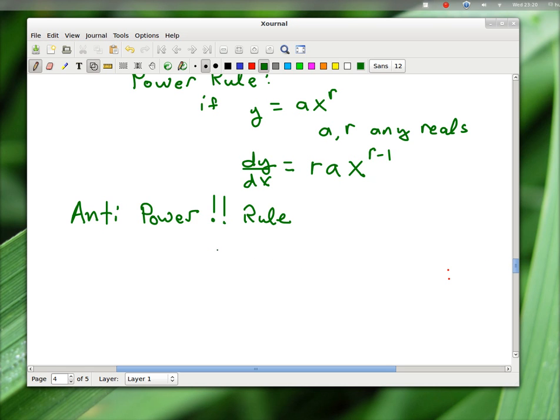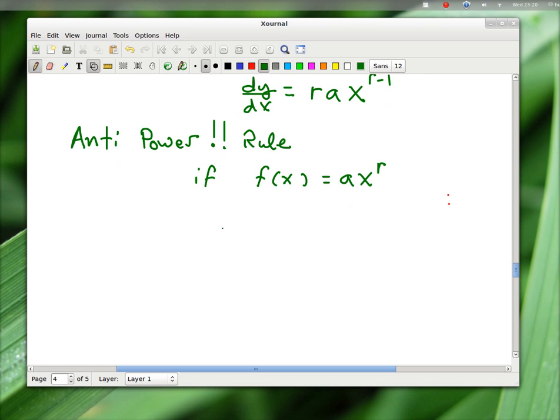It says that if f of x is equal to a times x to the r, then for now let's just let capital F stand for some antiderivative. So capital F of x is equal to, what should it be?